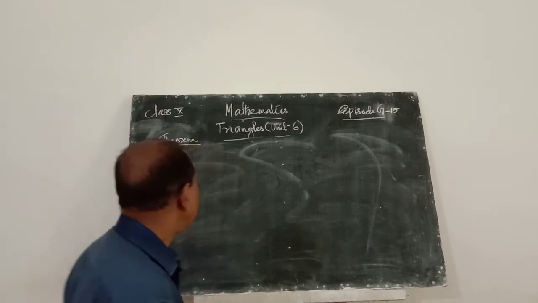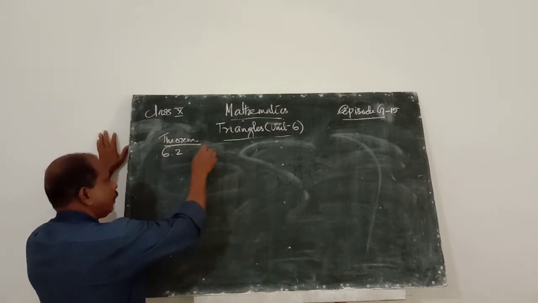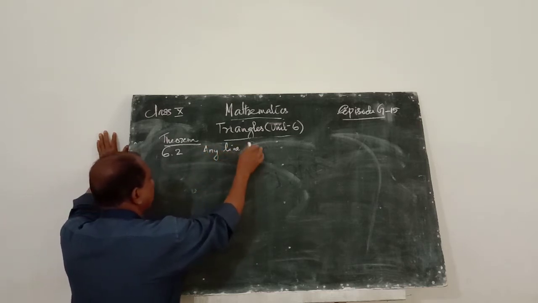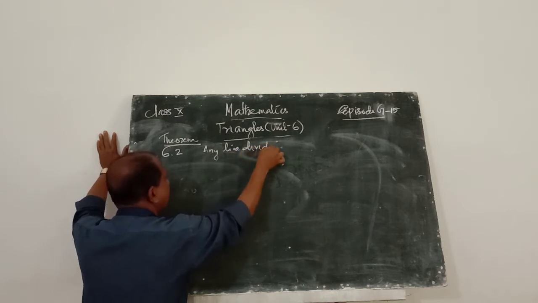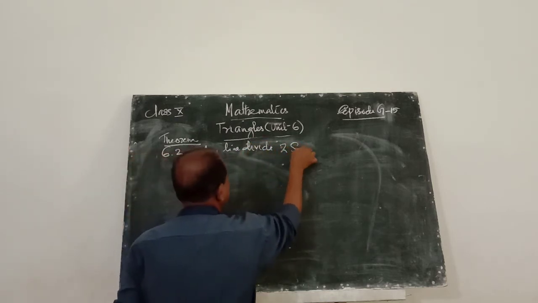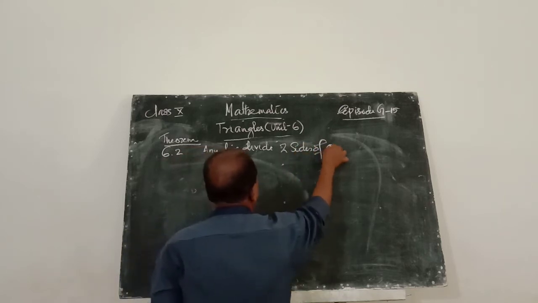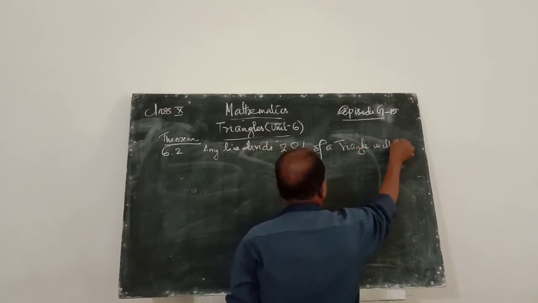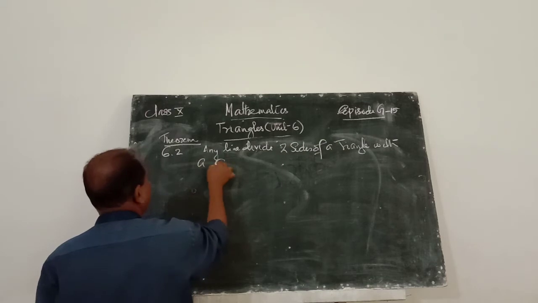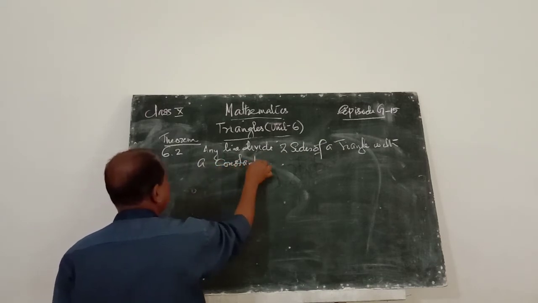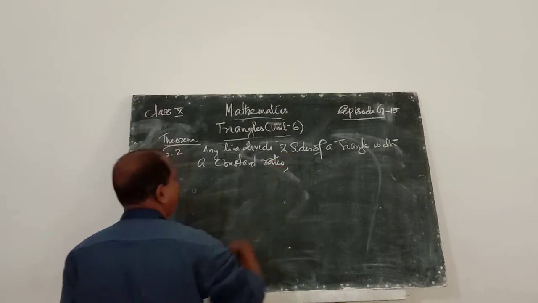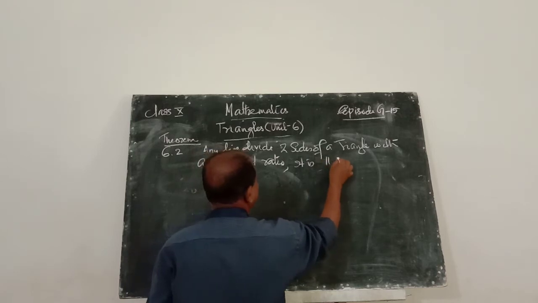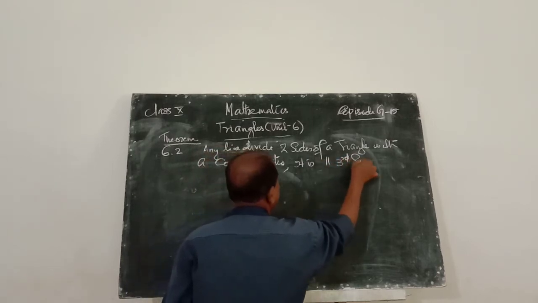That is the converse. Therefore, the converse is: any line that divides two sides of a triangle in a constant ratio is parallel to the third side.